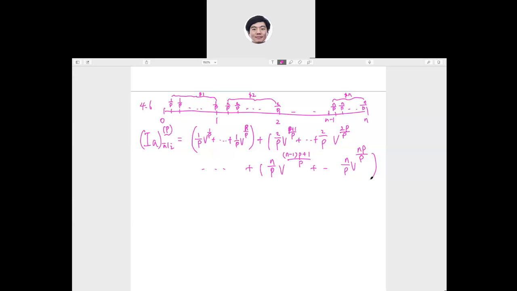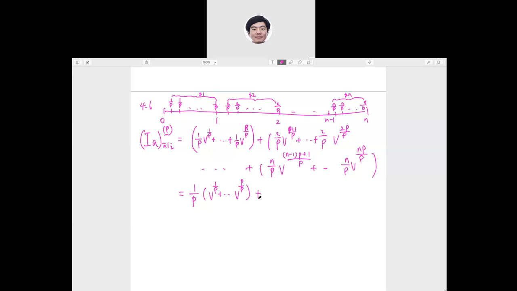But from here, what you can do is you can factor out 1 over p, and this becomes 1 over p goes all the way to p over p.